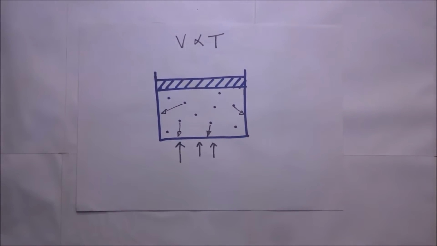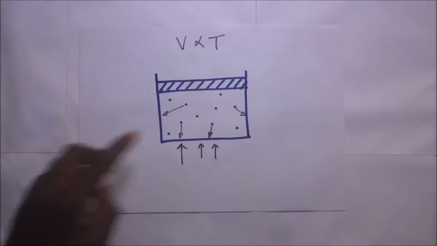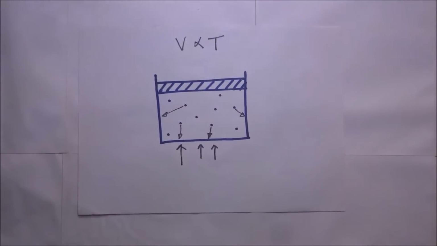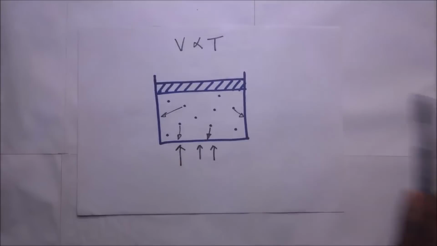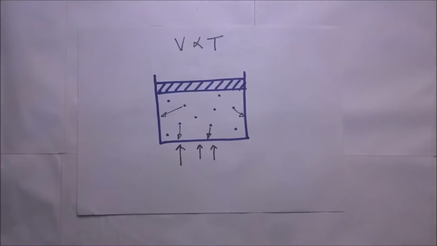So in other words, if we may explain this using the kinetic theory, what I'm trying to say here is this increase in temperature of these molecules is going to increase the kinetic energy of these particles. And when the kinetic energy of those particles is increased, they are going to collide with the walls of the container with a higher velocity.